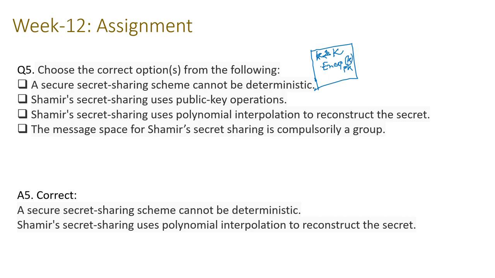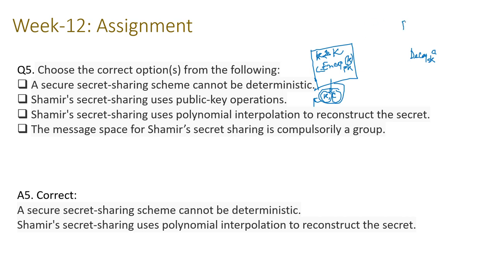The output of this encapsulation procedure is both K and the encapsulated value C. However, K is kept with the party itself; it does not communicate K to the other party. Rather, it sends only C, and the other party decapsulates C. It is able to decapsulate because it has the corresponding secret key SK.